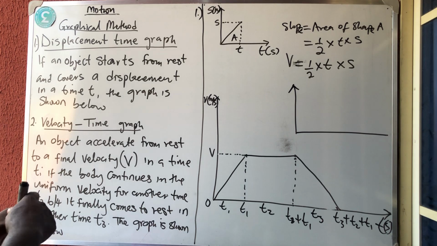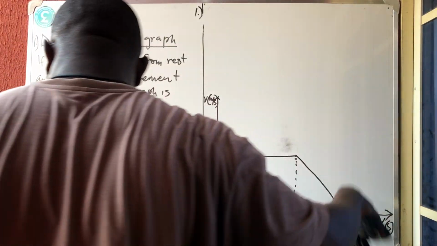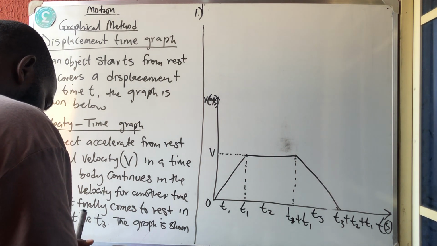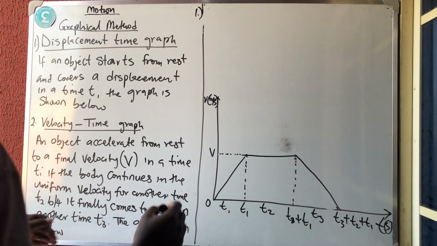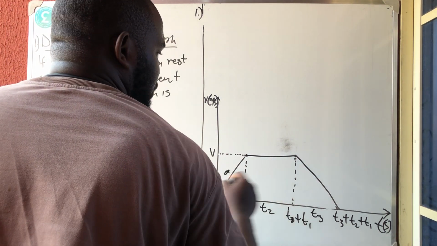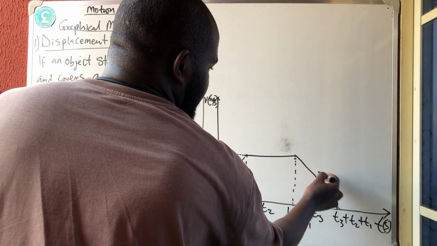Okay, so then, what they say you should find. Now the only thing they can ask you to find here is the acceleration. This is the acceleration and this is the retardation. Retardation means minus acceleration.